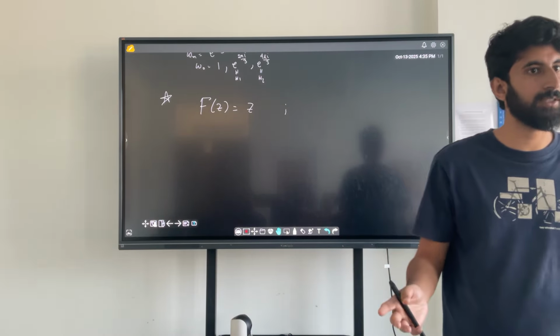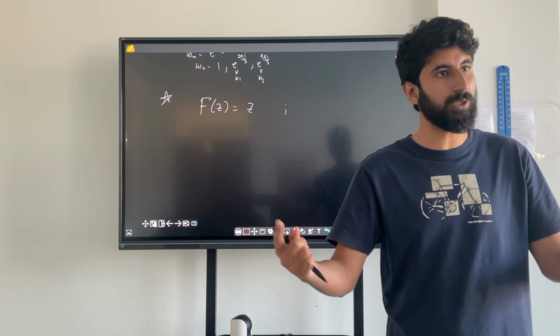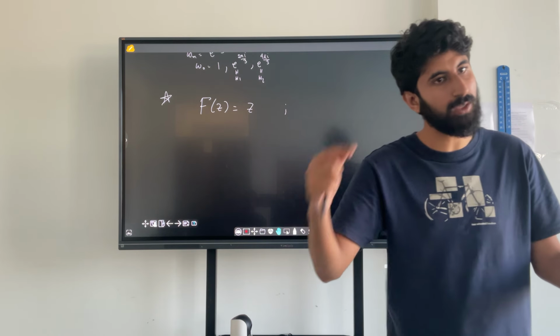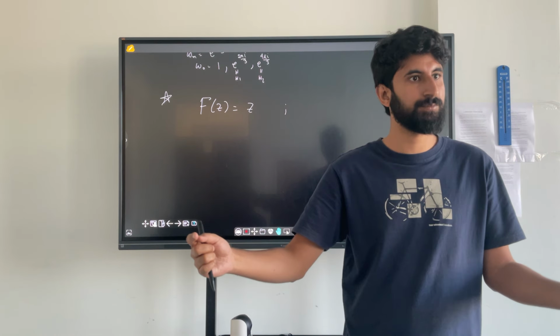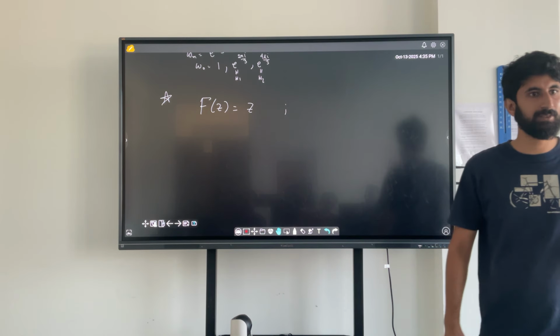Now if for every input you have a single output, and for every output a single input, that is one-one as well as onto. Is this clear or shall I repeat?